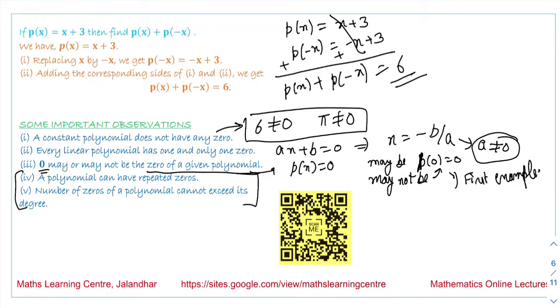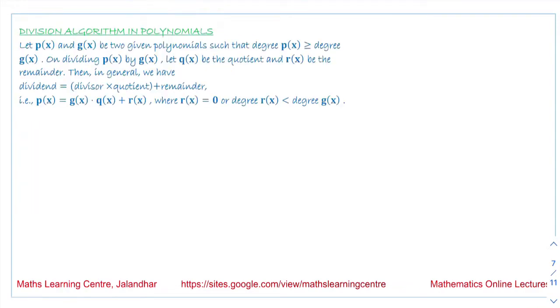Now the next thing we have is the division algorithm. Before moving to the division algorithm for polynomials, we just consider the division of normal numbers. Suppose I have to divide 9 by 2. We get 4 as quotient and the remainder is 1.